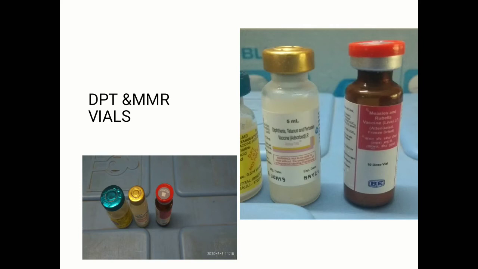The immunity that we acquire is either active immunity or passive immunity. Active immunity is by natural infection or by vaccination. Passive immunity is nothing but the introduction of immunoglobulins, thereby neutralizing the circulating toxins.